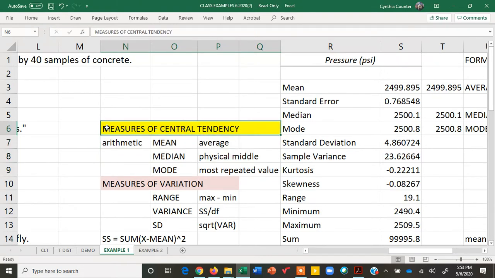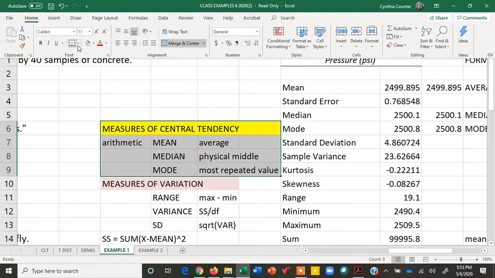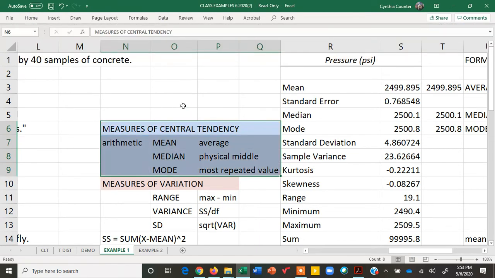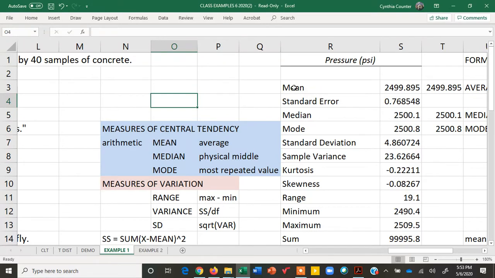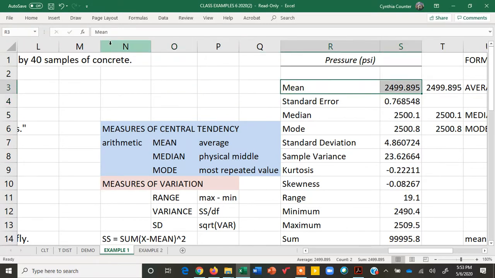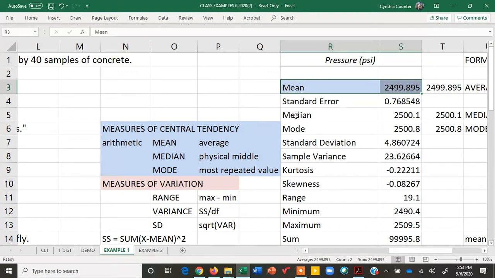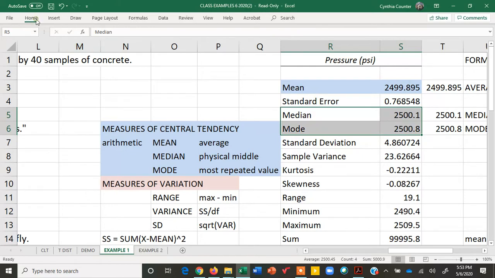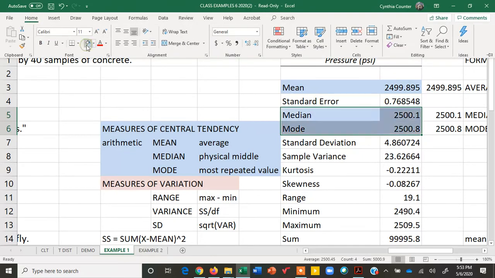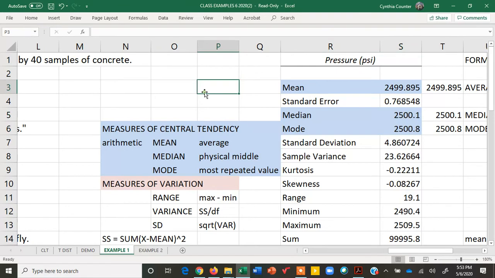Actually, I am going to highlight these things, kind of do a color coding thing. So the mean, the median, and the mode are our three measures of central tendency.